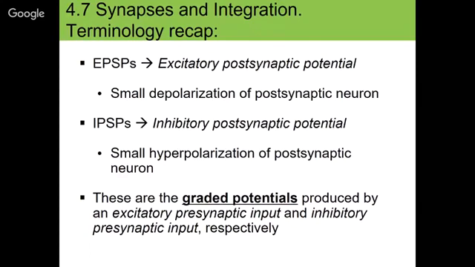It's kind of a fancy way of just saying that the EPSPs are generated by presynaptic neurons that are excitatory, that are causing excitation in the receiving neuron, and vice versa for your inhibitory presynaptic input, okay?